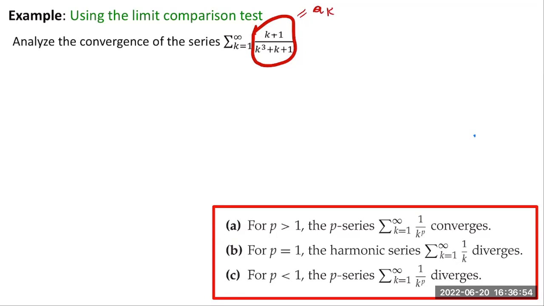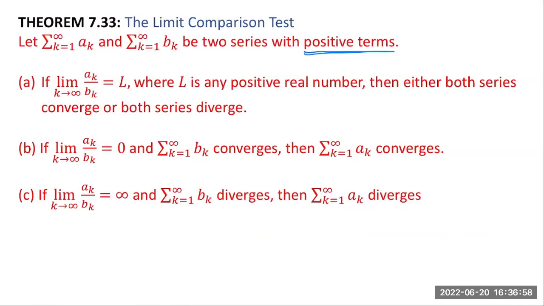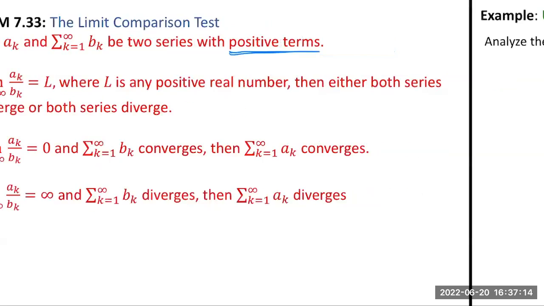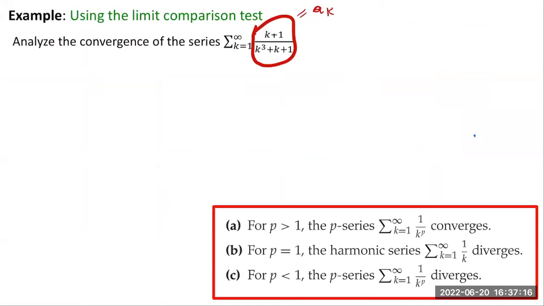Then I want to come up with a BK, right? If you want to use the limit comparison test, of course, you need to have two series, so I need another series. Hopefully, I will have a way to know the convergence properties of that new series BK. Let's see if we have some information there. So how do you get BK? I have AK.